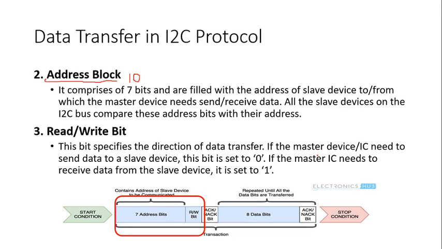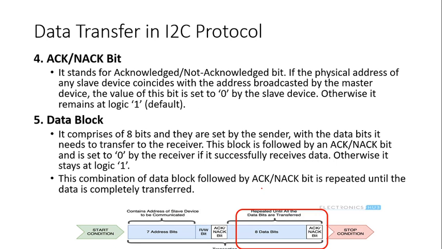If the master needs to receive data, so for reading it will be 1, for writing it will be 0. Read means to collect the data from the slave, write means to send the data to the slave. So from master to slave it is write, from slave to master it is read.